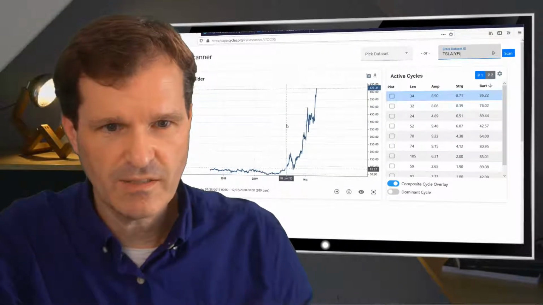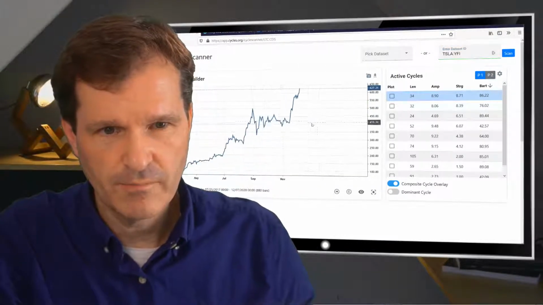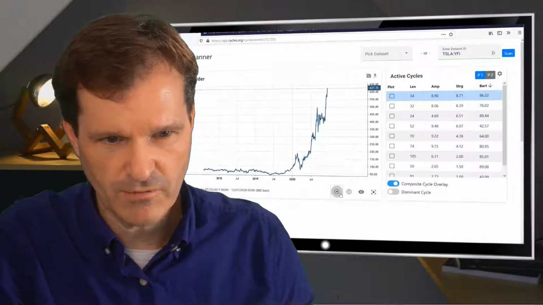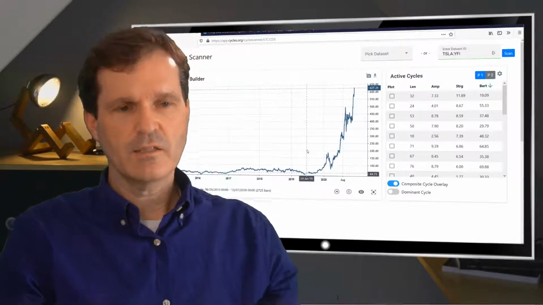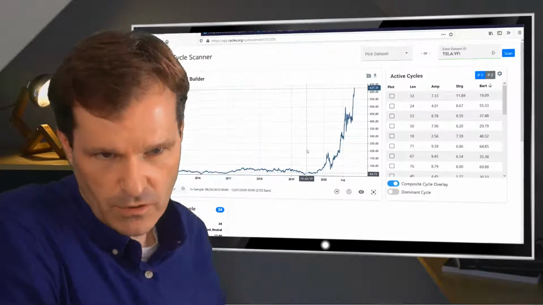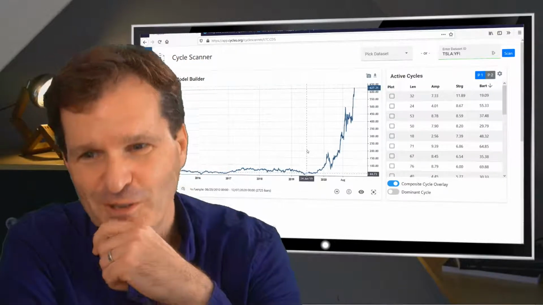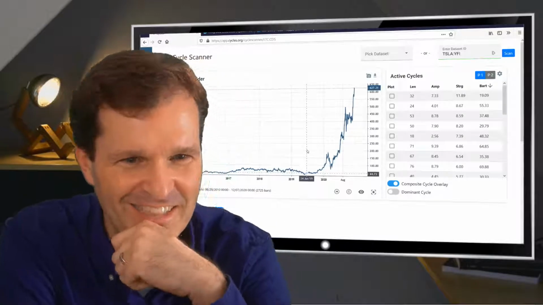So this is the Tesla chart here. Not sure if there are any cycles which are representative for this kind of exhausted market. This is more or less an exponential curve here, which we know from the current pandemic and not from the stock markets, but that's another discussion.